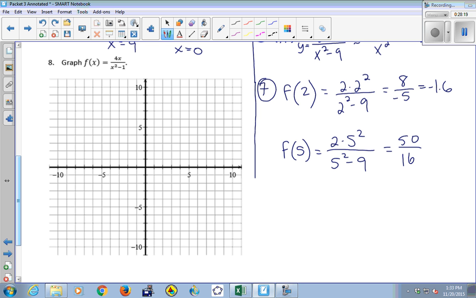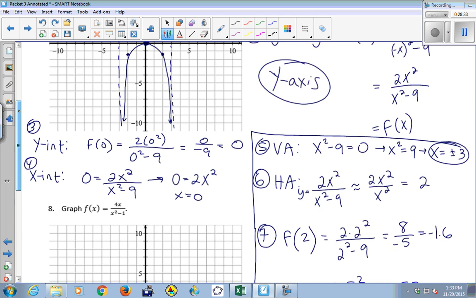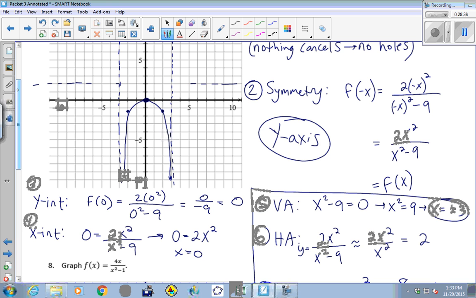So 50 over 16, somebody give me an approximation. 3.125. That's actually equal, right? Okay. So I have 5 comma 3.125. So plot that point.